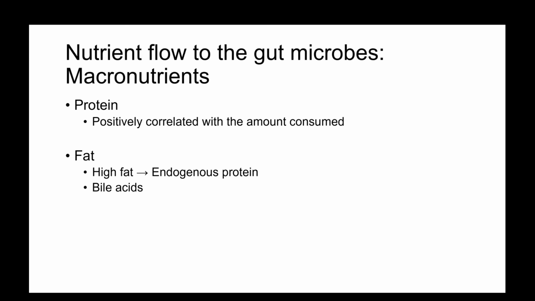It requires enzymes and bile acids for digestion, which can result in some endogenous protein as well as bile acid flow into the colon. And the bile acid flow itself can have independent effects on the structure of the microbial community. So it's important to consider, and we'll see this with the application, the broad changes that are occurring in the diet.